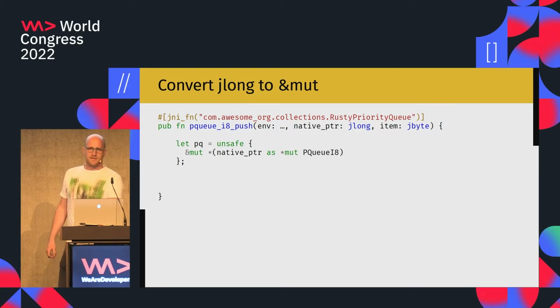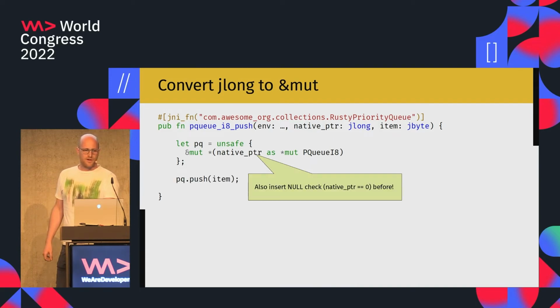This is an unsafe operation, so we wrap it in this unsafe block, and then we can use the priority queue as before. And we should also add the null check on the native side to be secure and not have to rely on it not being called from Java with a 0.